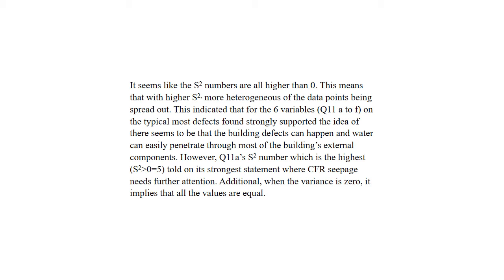Again, water plays a big role here through the building components as level A, which is also the strongest statement, where CFR seepage also gives a big impact. I mean, this is on the variance. When the variance is 0, it implies that all the values are equal. So this is not equal. Okay, all right. So the variance is not good.